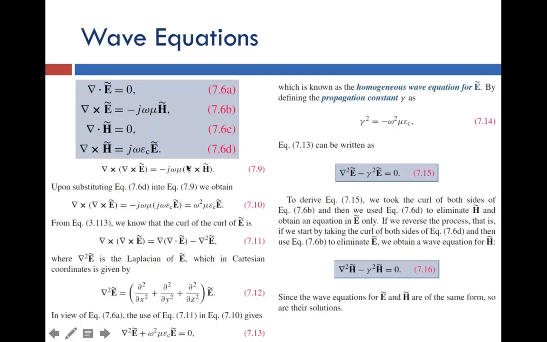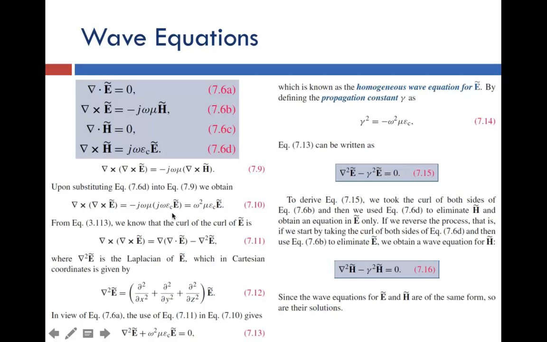Now, once we do that, we can see that here you have this curl of H term, but that's already defined as j omega epsilon C E. So we're going to substitute j omega epsilon C E in for the curl of H, and that's what's done in this line. Here's that j omega epsilon C E, which is equal to the curl of H, in this term in equation 7.9.